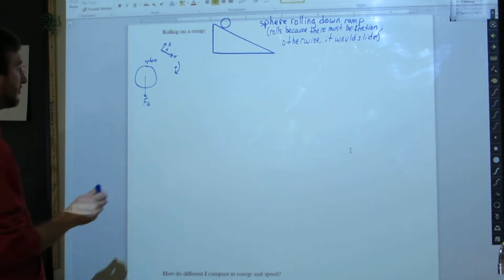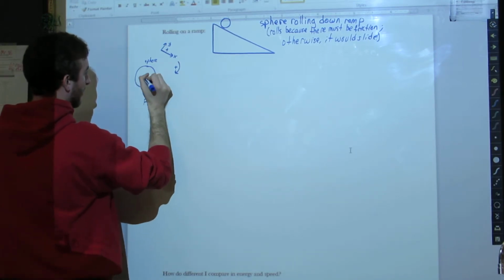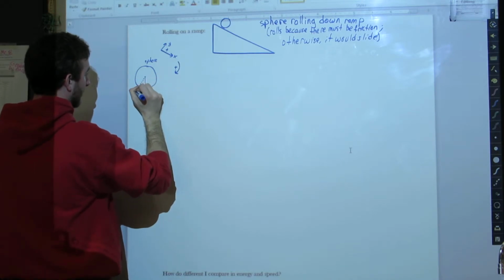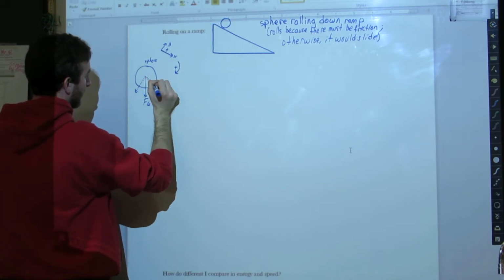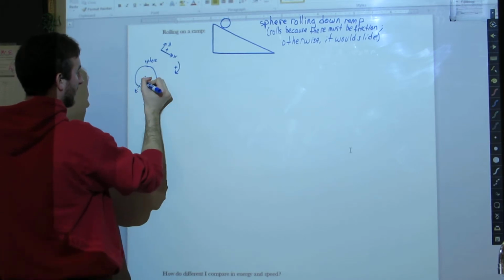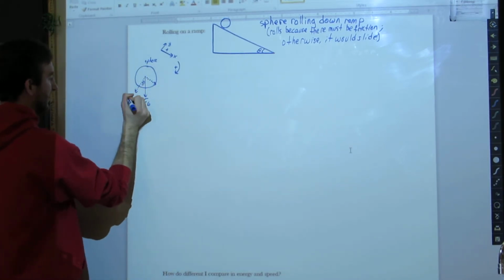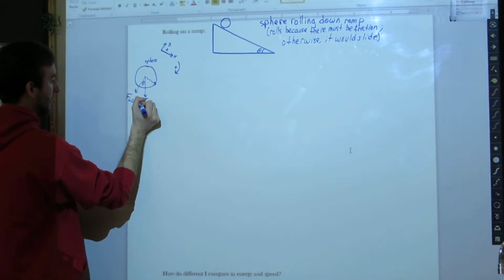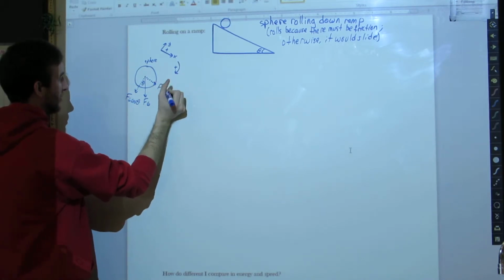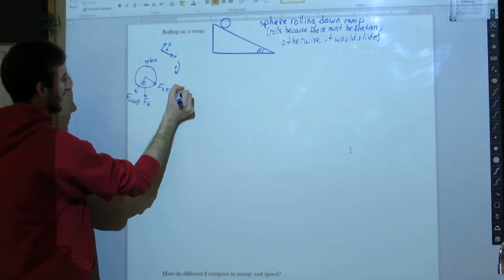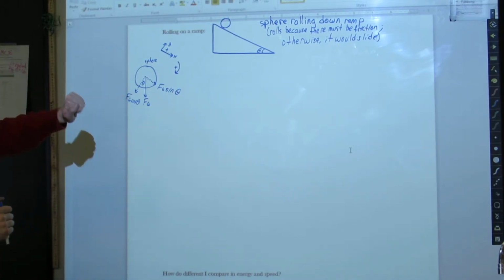We need to split up Fg into components. So we have one component that points perpendicular to the ramp, one that points parallel to the ramp. Here's our ramp angle. Should probably draw that in here. So this is Fg cos theta, Fg sine theta. Now this is a sphere on a ramp.